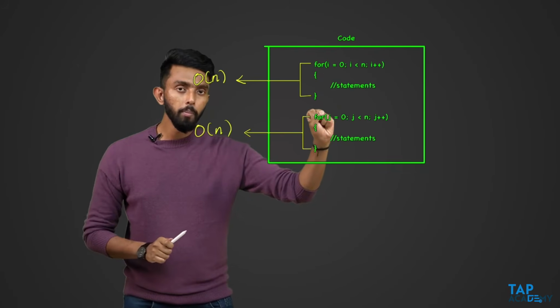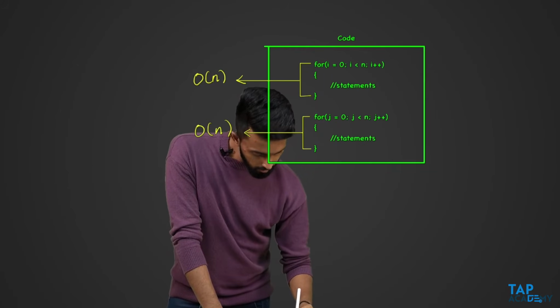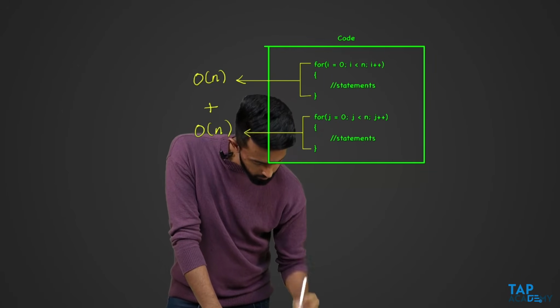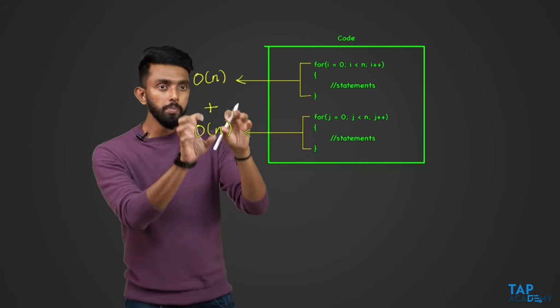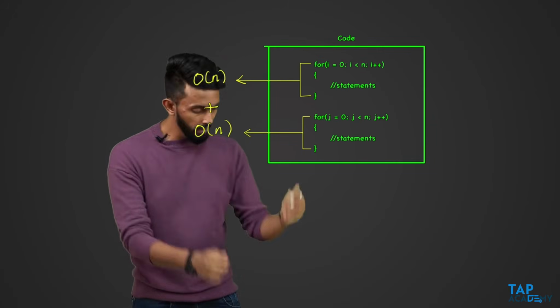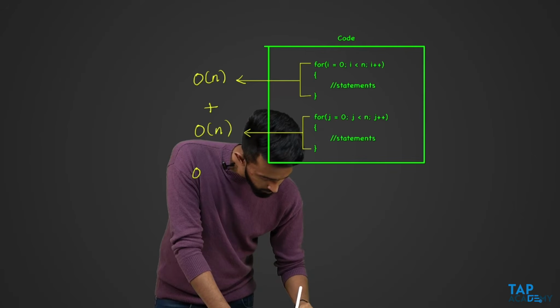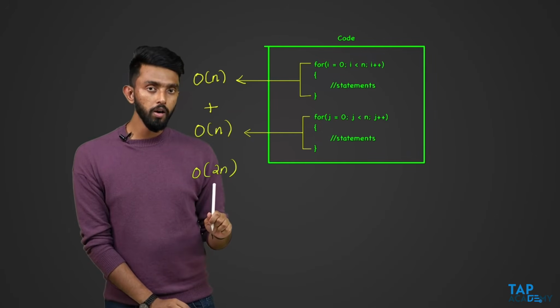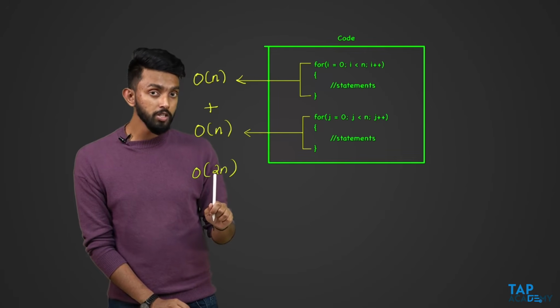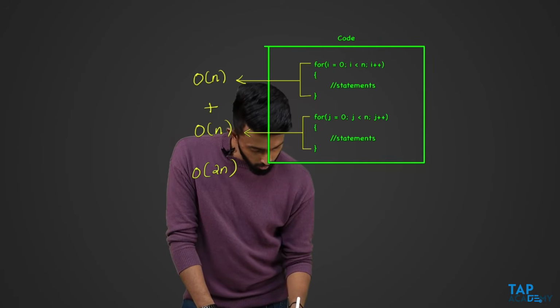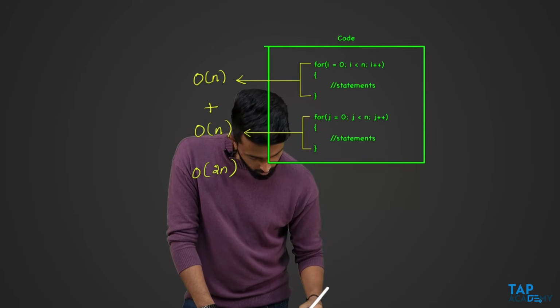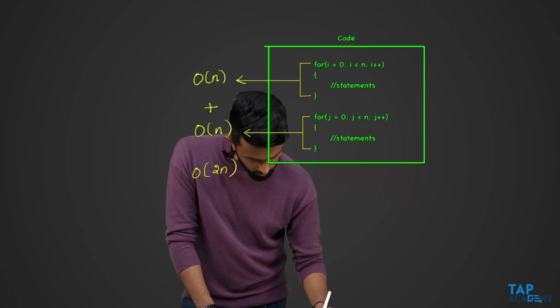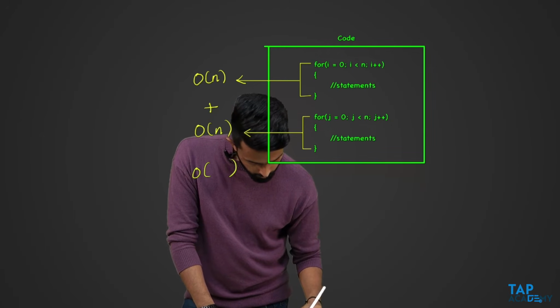Combined you want, combined. Combined means what? Plus. n plus n is what? 2n. Should you have your constants within your time complexity? No. Which means remove this, remove this, and just tell n.